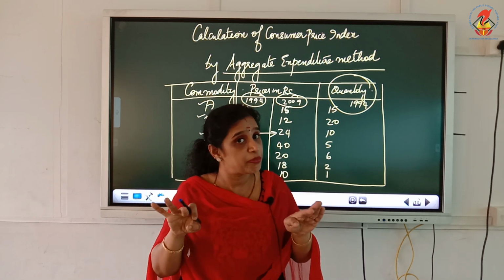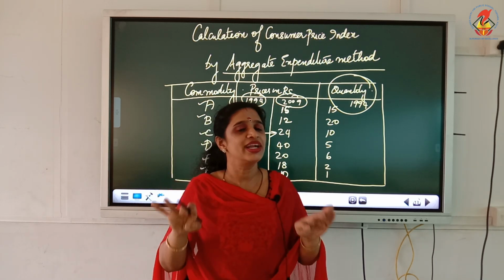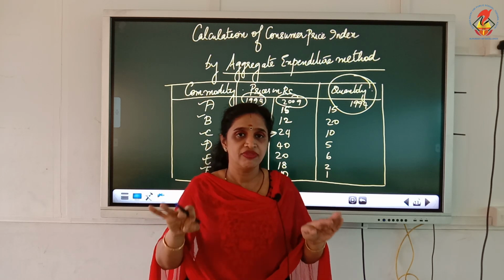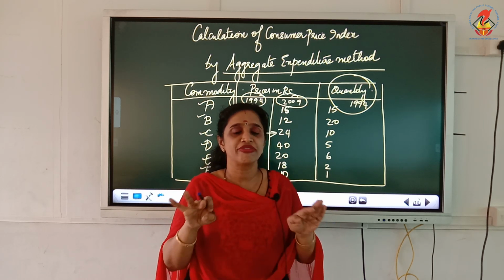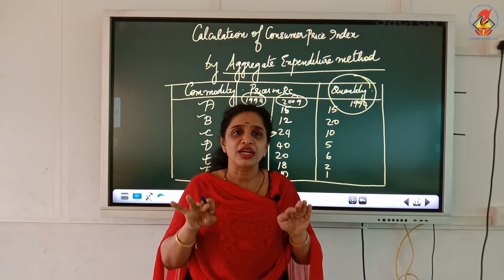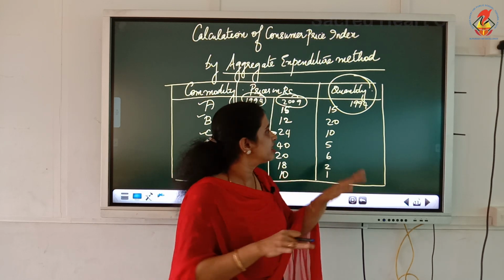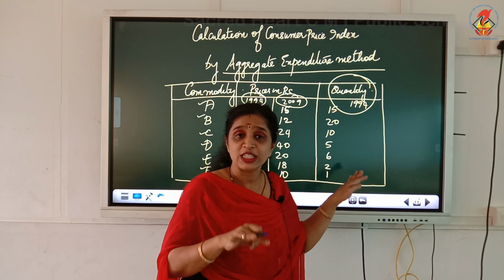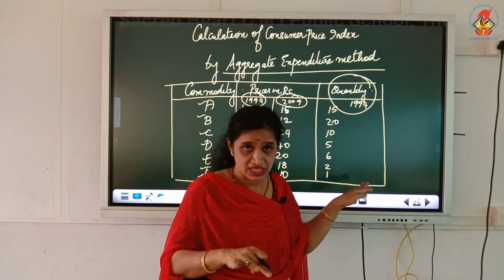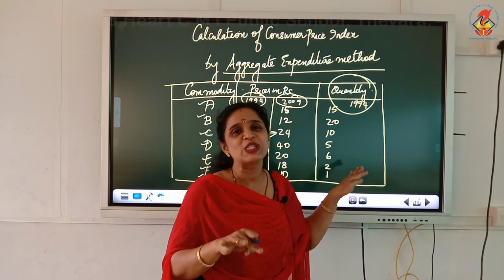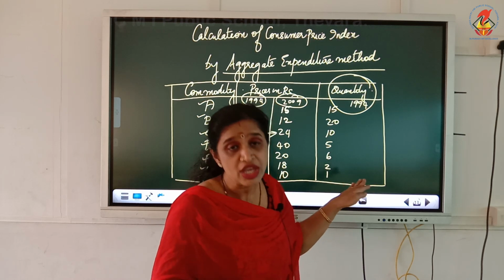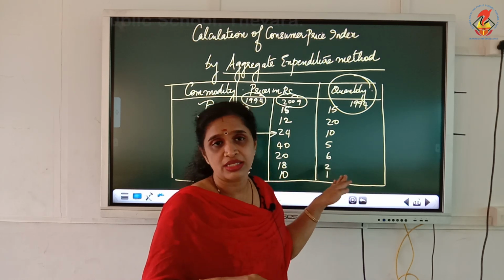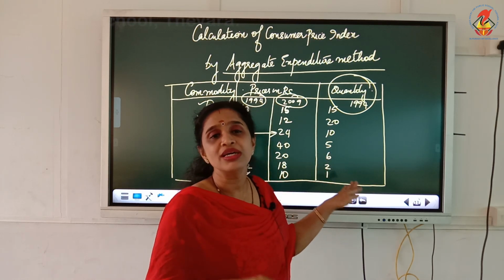Once again, the reason for not writing the current quantity is that we are going under the assumption that the family will consume the commodities in almost the same units. That is why, as per the aggregate expenditure method, the current year quantity is not specifically mentioned. We are working under the assumption of the base year quantity.